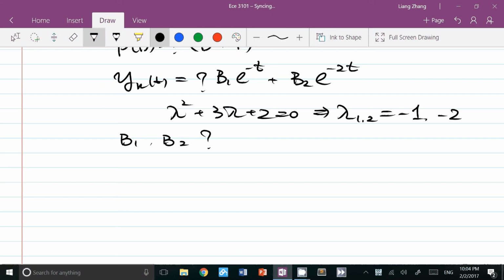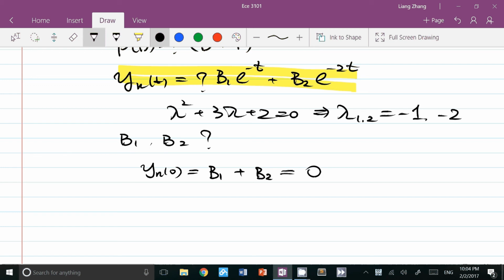Since this is a second order system, we need two equations. The first initial condition will be Yn of 0, which is this expression evaluated at t equal to 0, so that gives me b1 plus b2, since e to the power 0 is equal to 1.